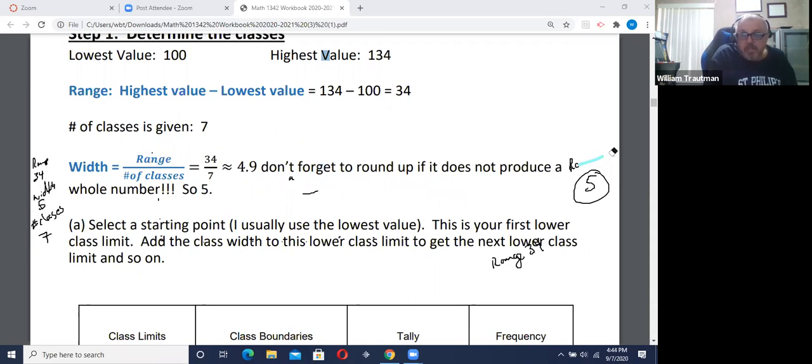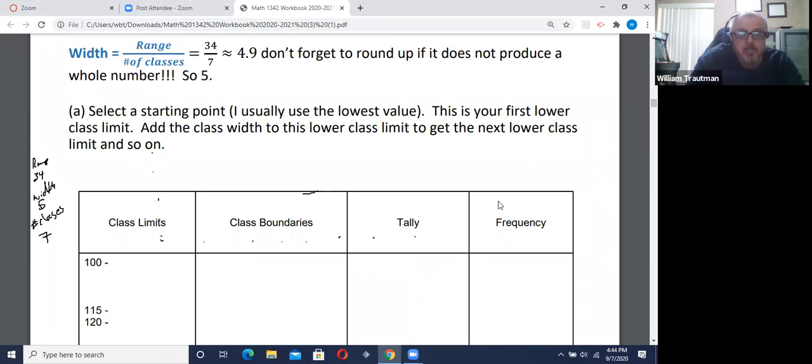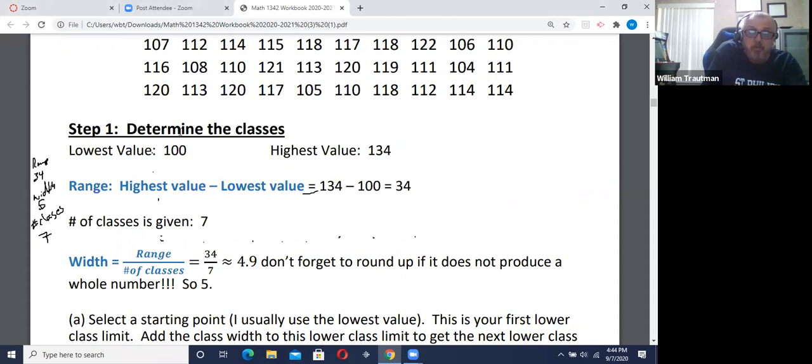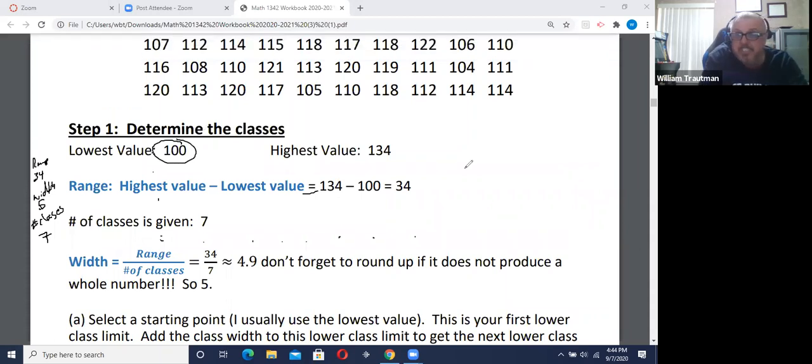So that's everything you have to do right at the very beginning if you have this problem, because your paper is going to be blank and you have to put this down here. So select a starting point. Well, our lowest value, remember the starting point is the lowest piece of data we have. The smallest piece of data is 100.